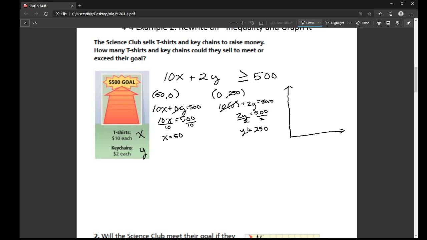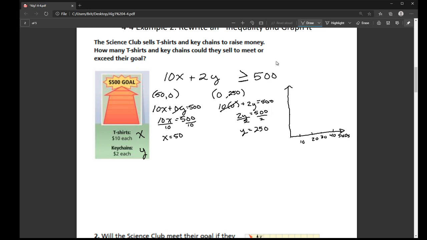So this is where I want to consider my scaling on my axes, because if I count by 50s, my graph is going to be really tiny and hideous. If I count by 1s, it won't fit. If I count by 10s, I'd have 25 lines going up. That's still a lot. So my scale for my x-axis, I'm going to have it count by 10s. Alright, so here's 10, 20, 30, 40, 50.